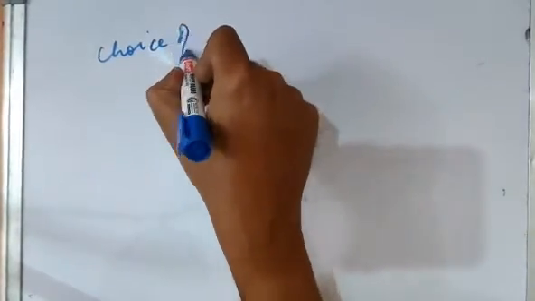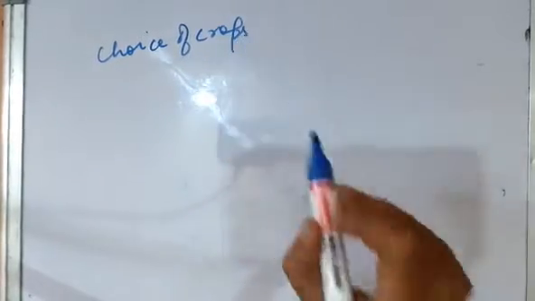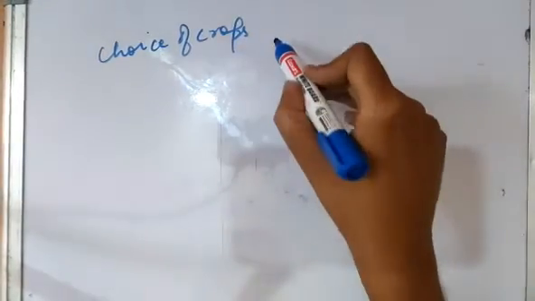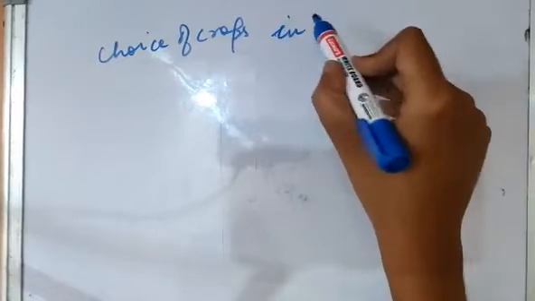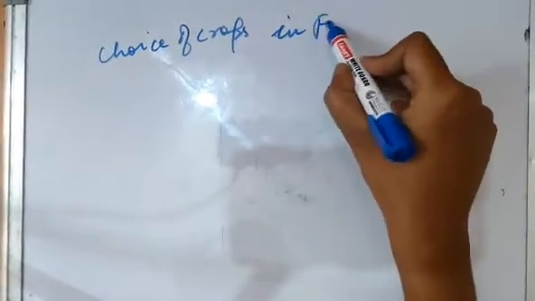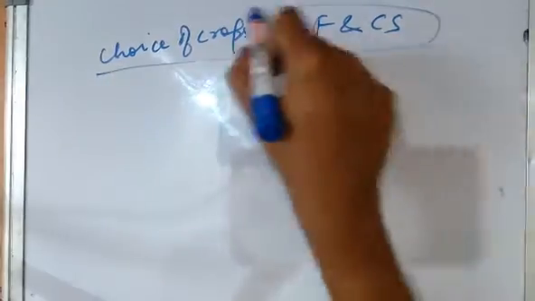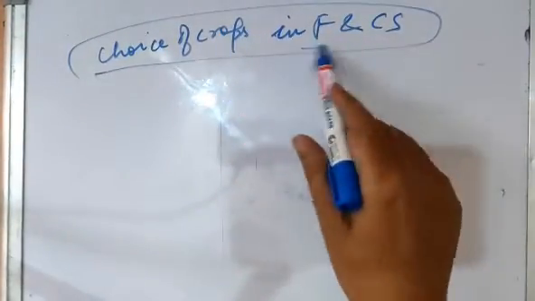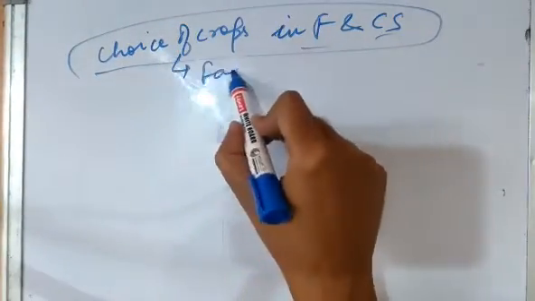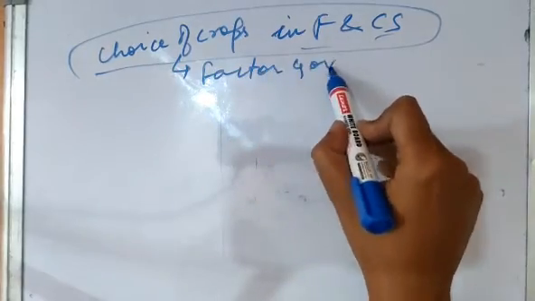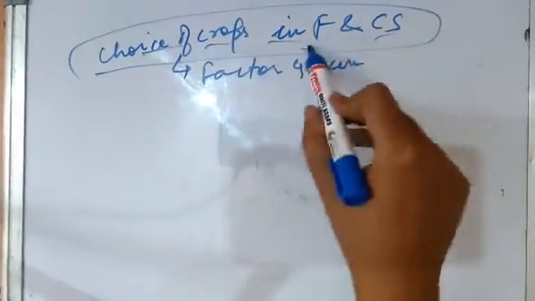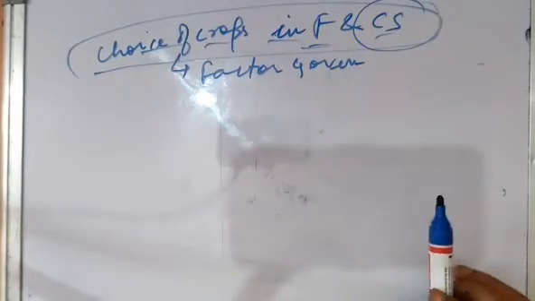Now moving on, what factors govern the choice of crops in farming and cropping systems?